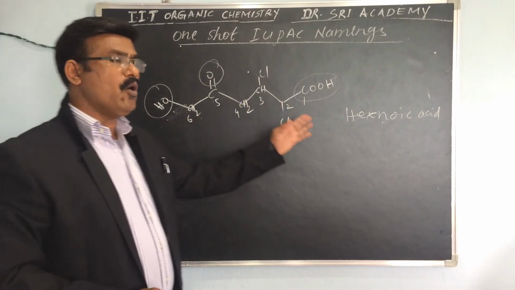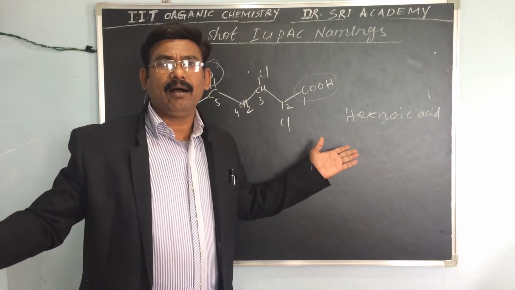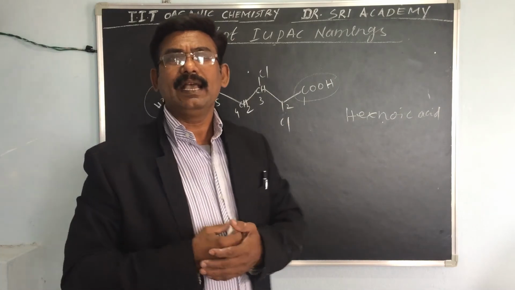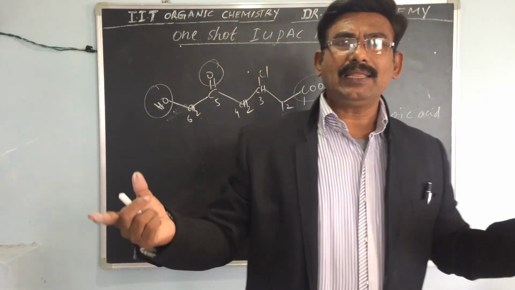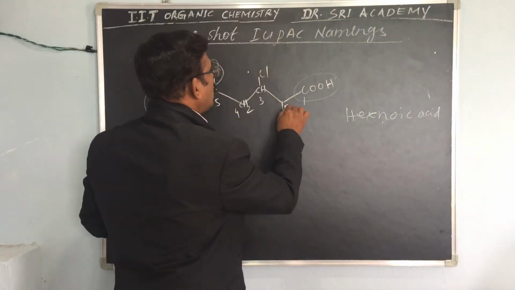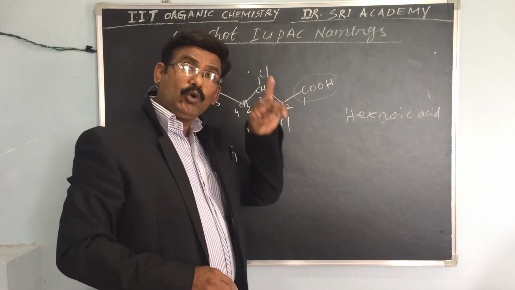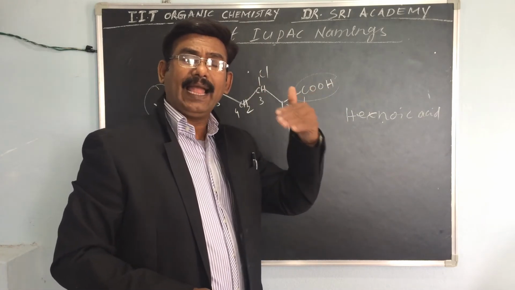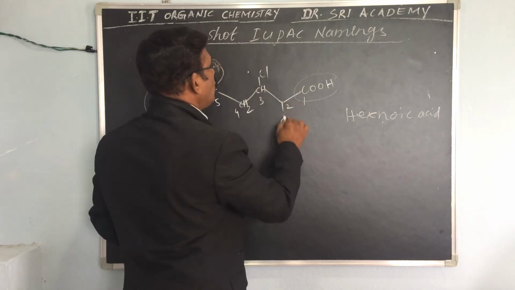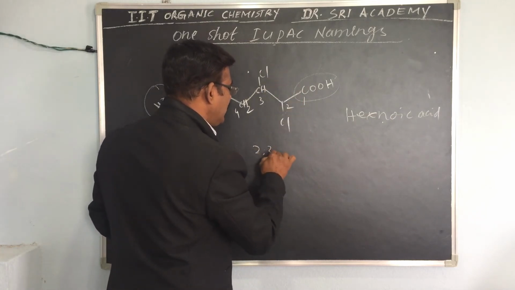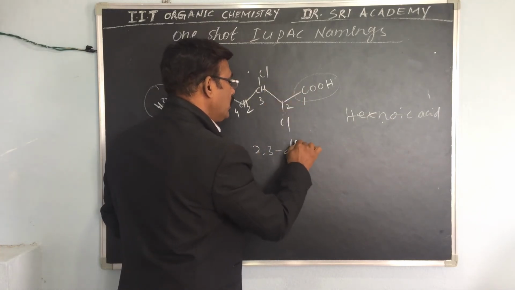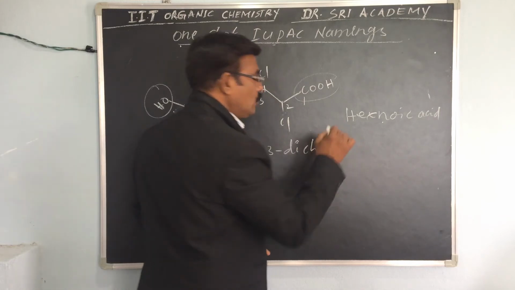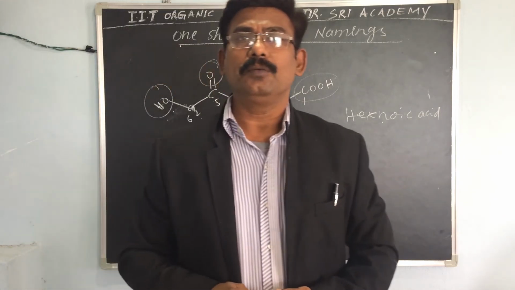Now you have to give the names in alphabetical order. Positions 2 and 3 contain the 2 chlorines, so you have to mention di. So 2,3-dichloro.